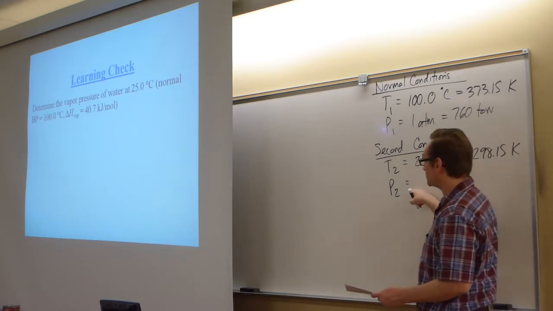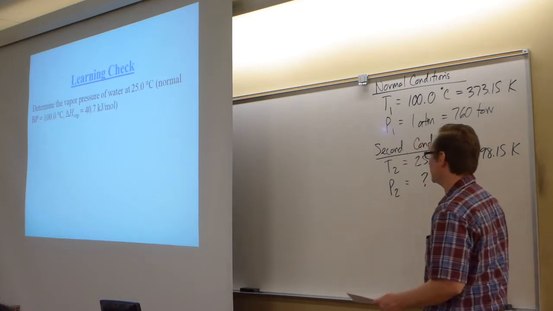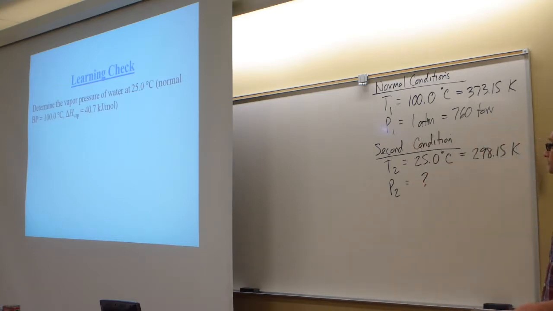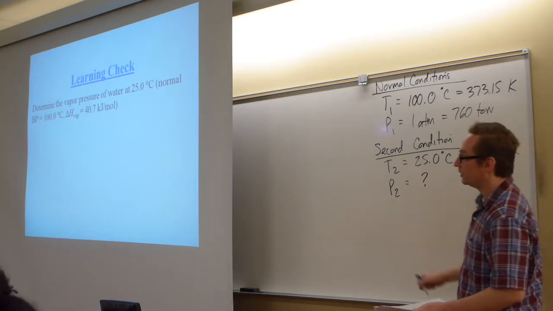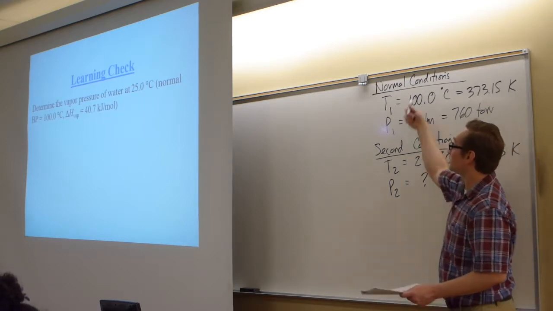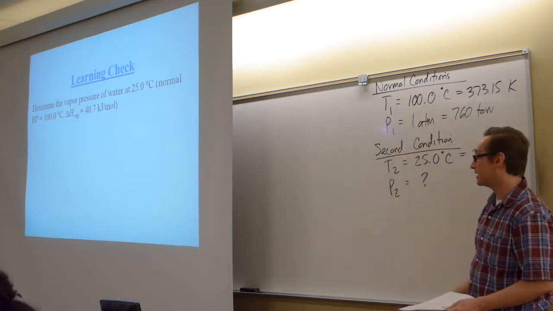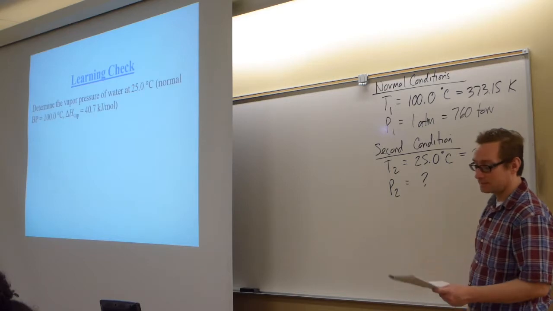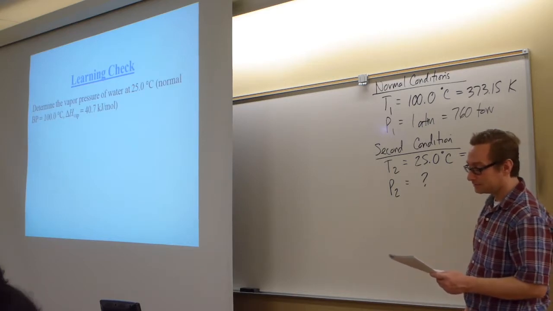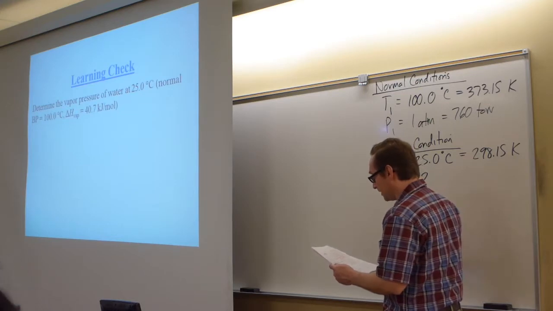And then it's asking us, what is the vapor pressure at 25 degrees Celsius? So that's being asked for. So the way to do the 2-point Clausius Clapeyron is to just understand that the normal conditions are the initial conditions, right? And then what comes after is after.